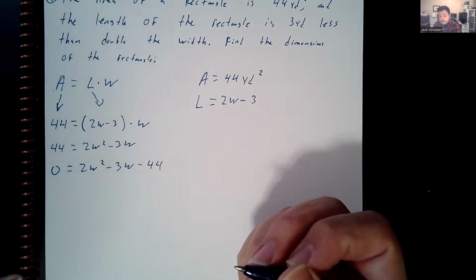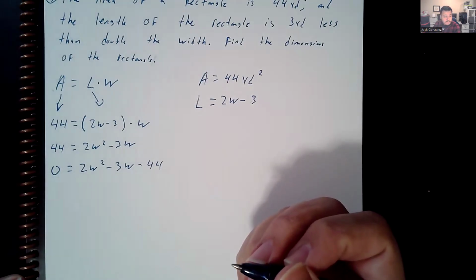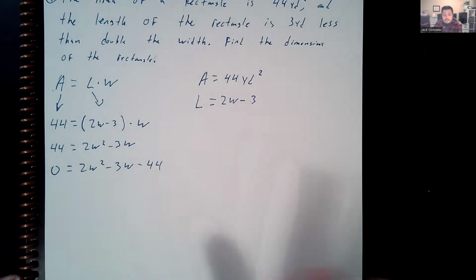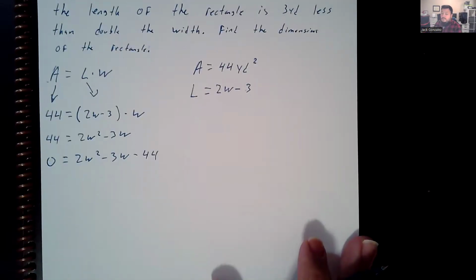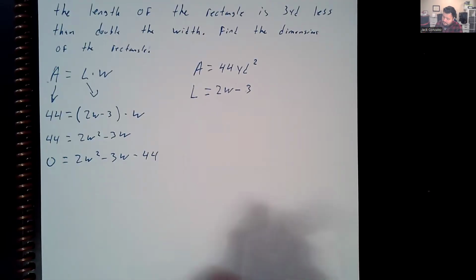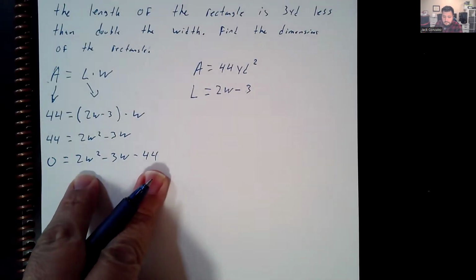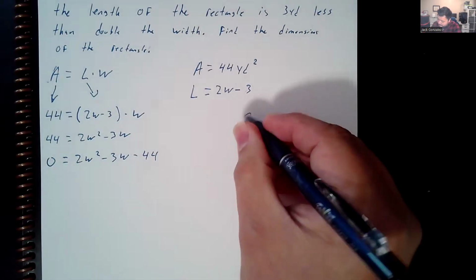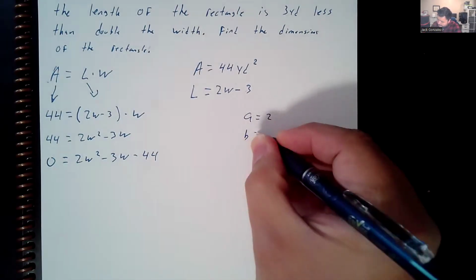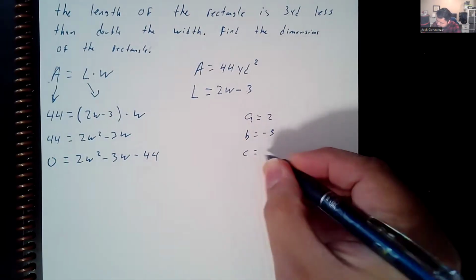Does that factor pretty? I don't know if it does. Let me check before we get all messy. Yeah, I think for word problems, most of the time, when the numbers are kind of big, I'd say just go for the quadratic equation, right? So my A is 2, my B is -3, my C is -44.